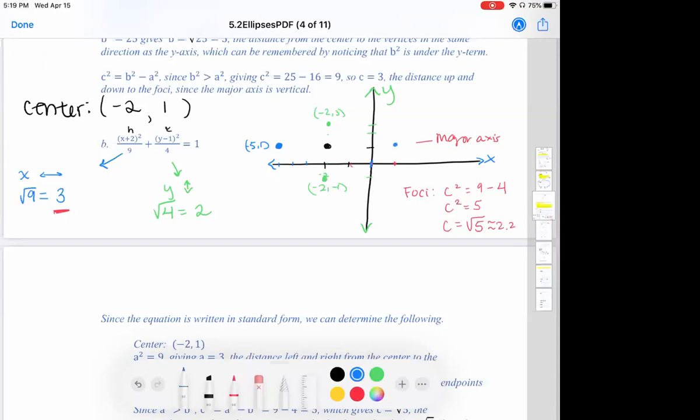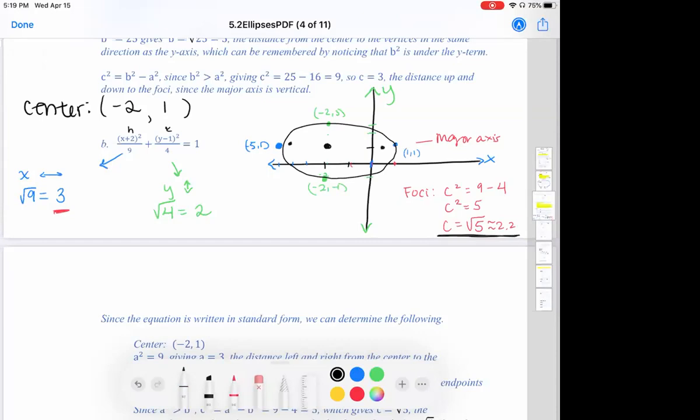So it should be 1, comma 1. All right, now we can draw our ellipse. So our foci is telling us to go along our major axis 2.2 units. So 1, 2, 0.2, 1, 2, a bit more, 0.2.